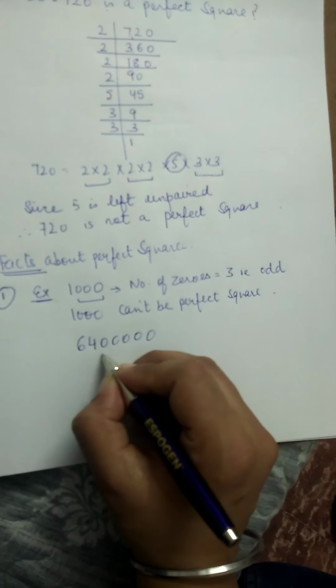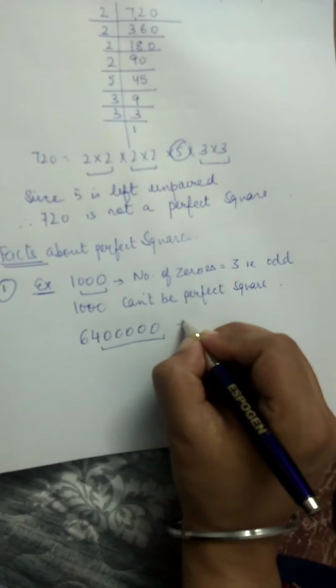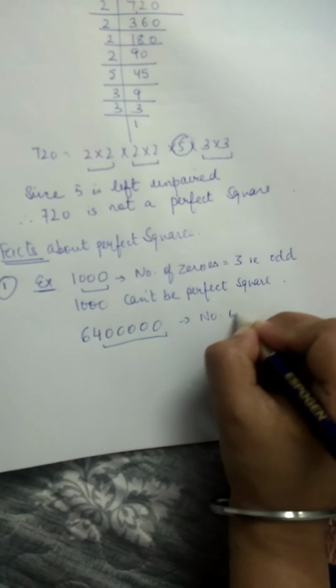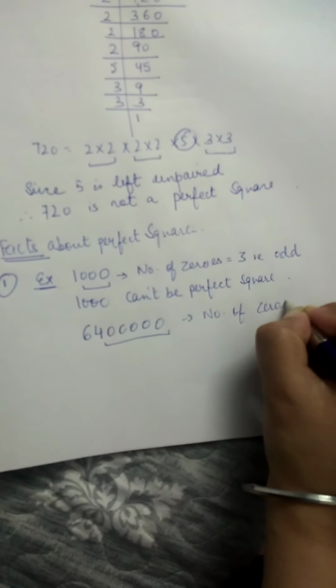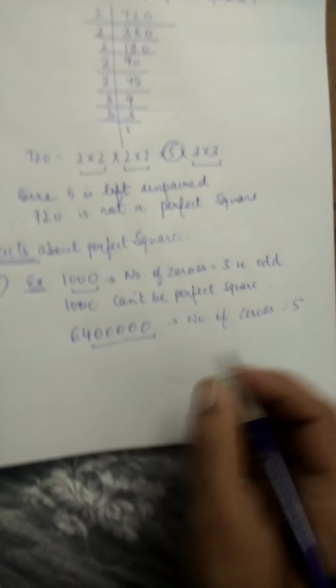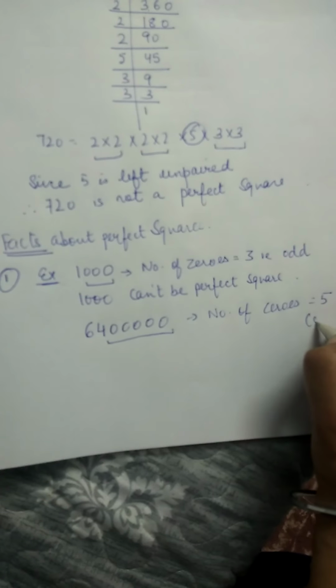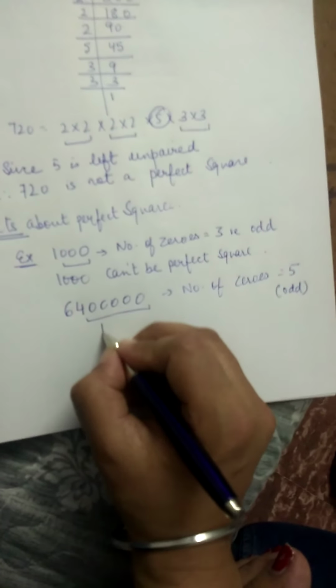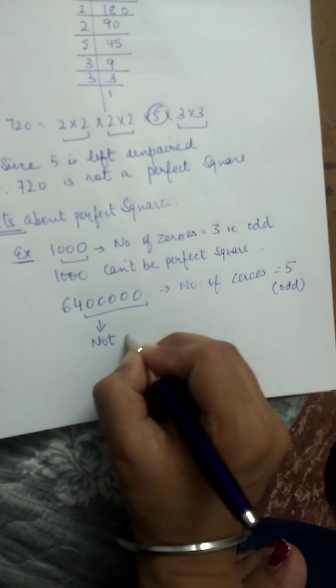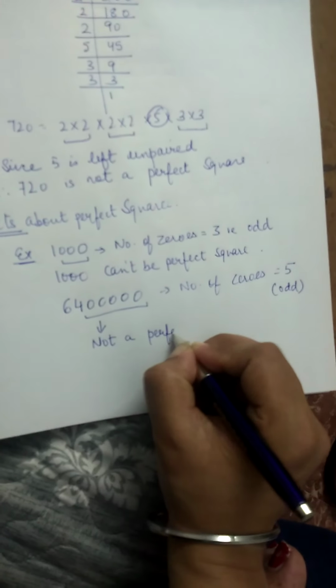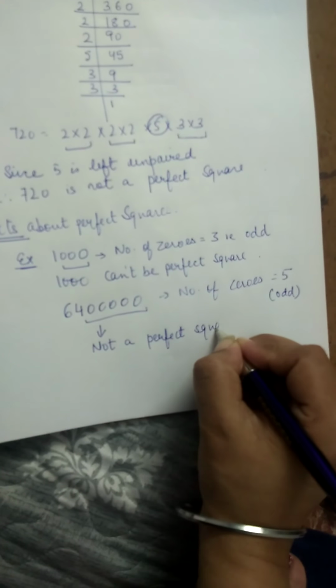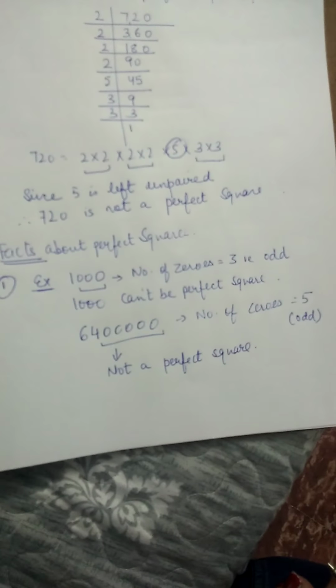If I talk about 640000, number of zeros, that is 5, which is odd. This is not a perfect square.